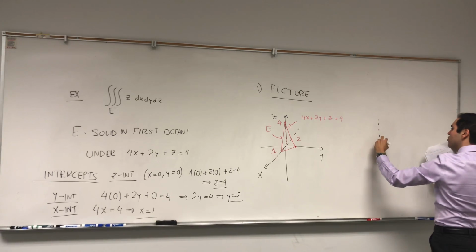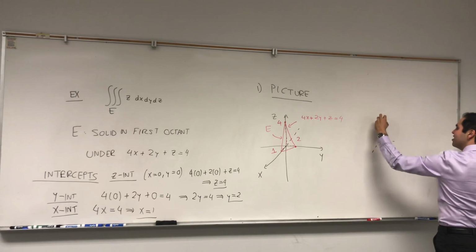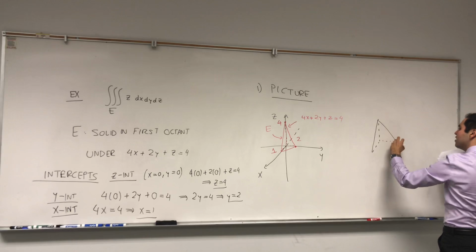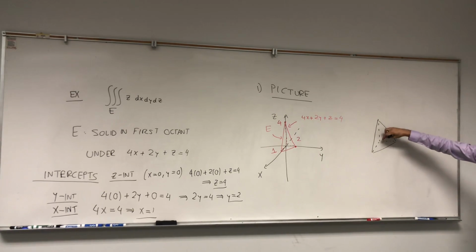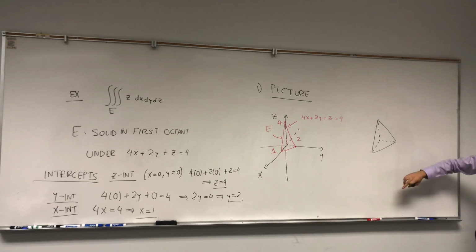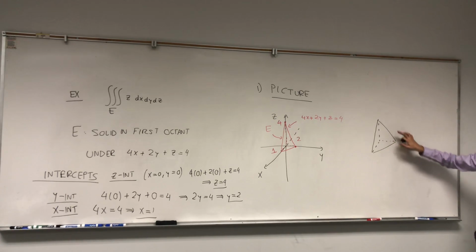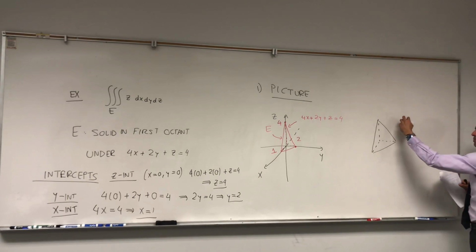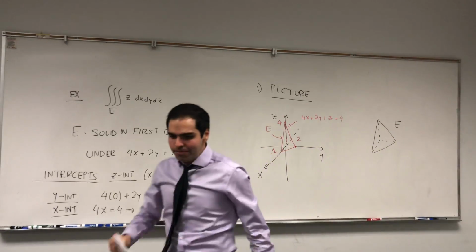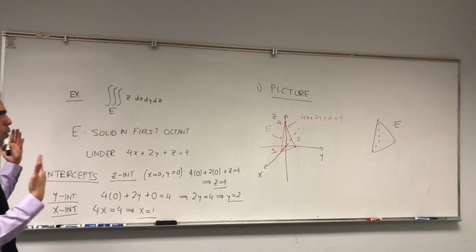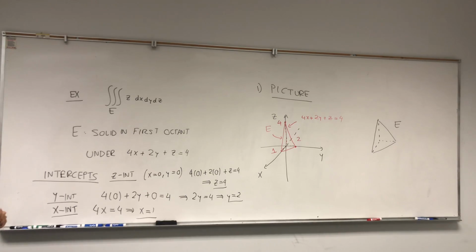So if you want a slightly better picture, maybe not ideal, but this triangular region where one vertex is behind at the point 0, 0, 0, and then the other vertices are at the points 1, 2, and 4. So this is E.